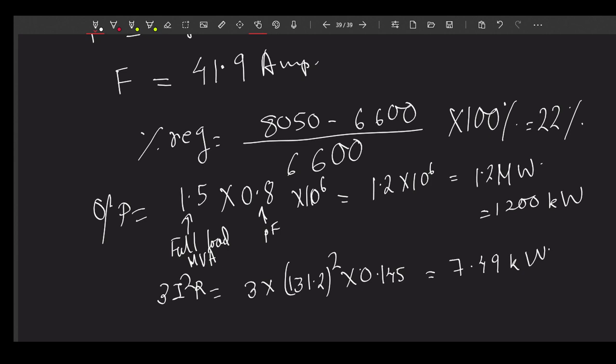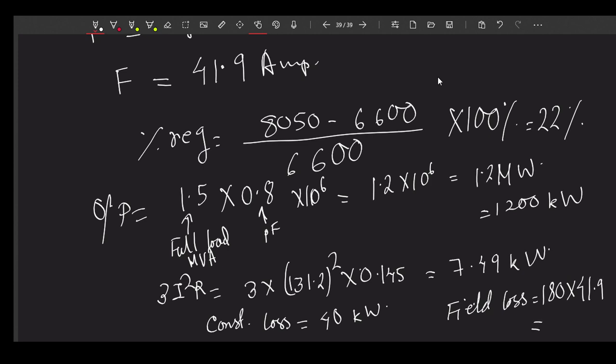Now already the constant losses are 40 kilowatt. So total will be how much? Okay, then field loss. How to find out field loss? 180 volt into this much current 41.9, so that will be 7.54 kilowatt.